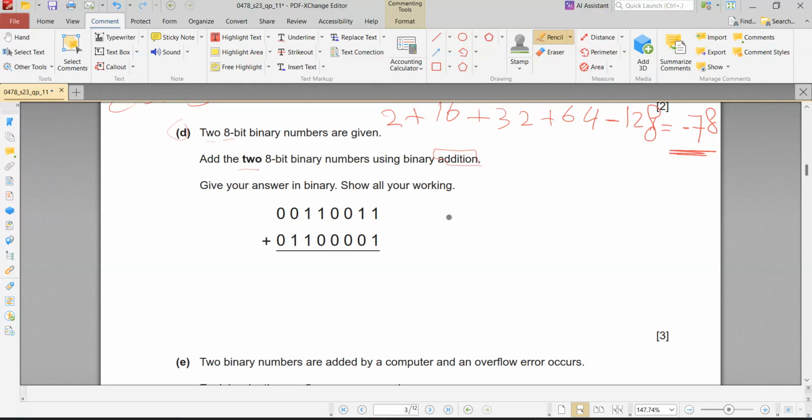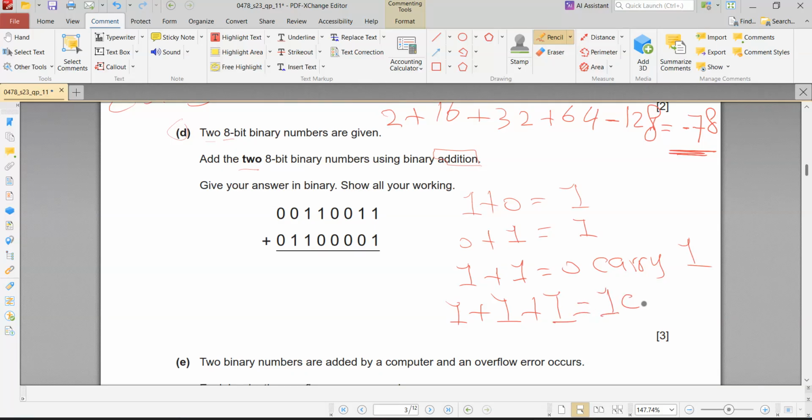We know that 1 plus 0 gives me 1, and 0 plus 1 gives me 1, and 1 plus 1 gives you 0, carry of 1, and 1 plus 1 plus 1 gives me 1, carry of 1.